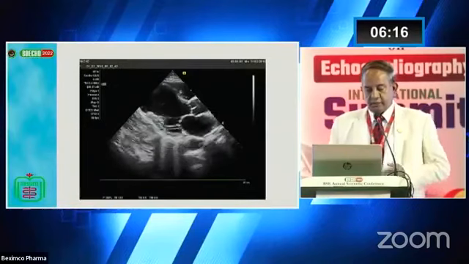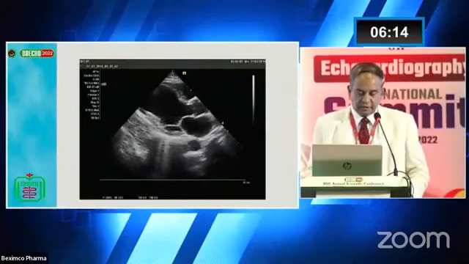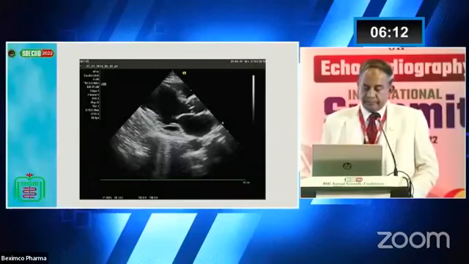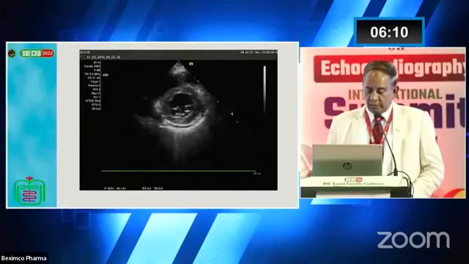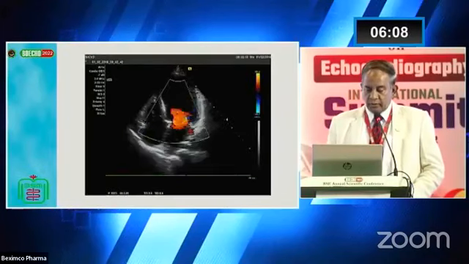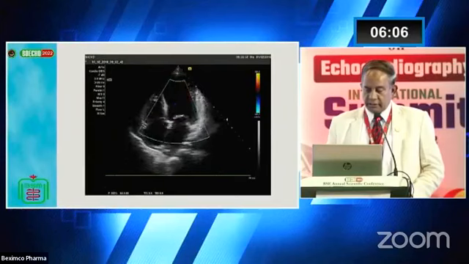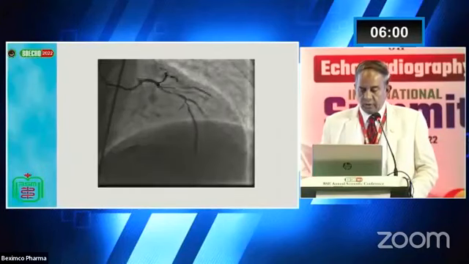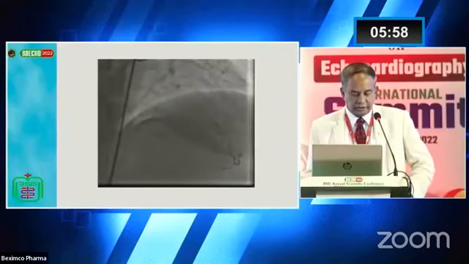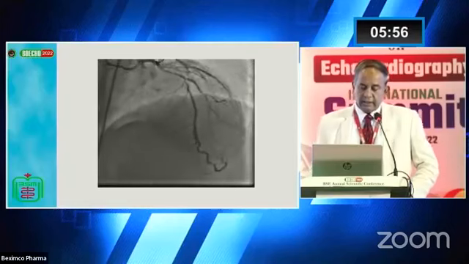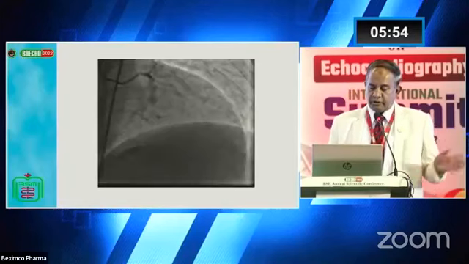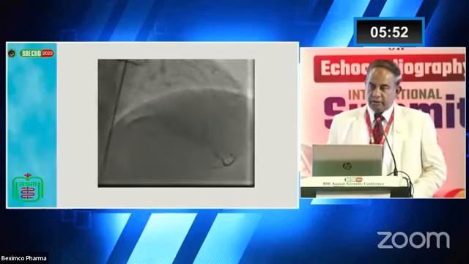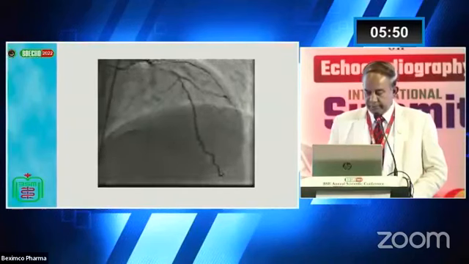In the echo, there is wall motion abnormality in the septum as well as the apex, in the same territory, including mild mitral regurgitation. What did we see in the coronary angiogram? This is the LAD lesion, which corresponds to the wall motion abnormalities on echocardiography.